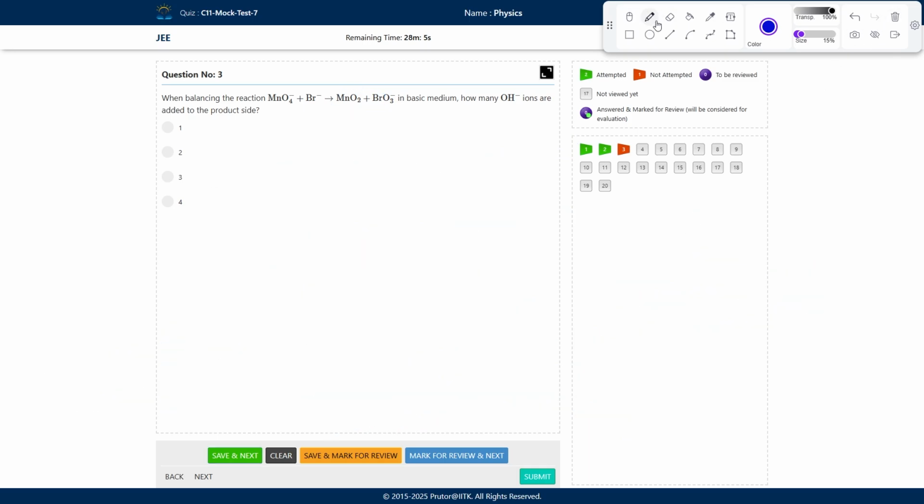Again, you need to balance this reaction and find the number of OH minus ions in the balanced equation. Again, we will write the principal equation here. MnO4 minus plus Br minus gives MnO2 and BrO3 minus.